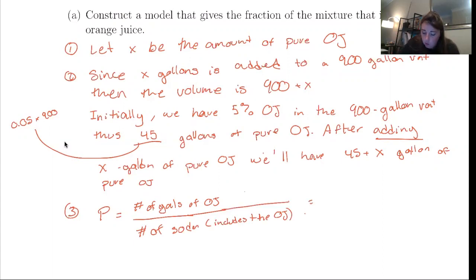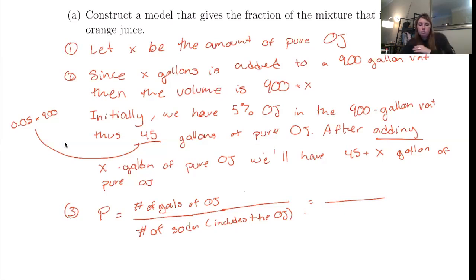Okay, so what will represent the number of gallons of OJ? The total number of gallons of pure OJ in the soda. Not just X, that's how much we're pouring in.